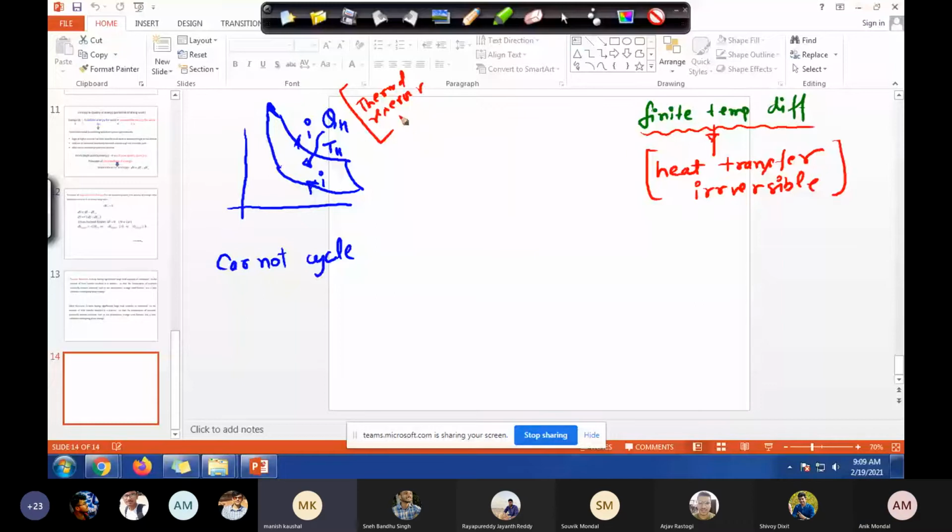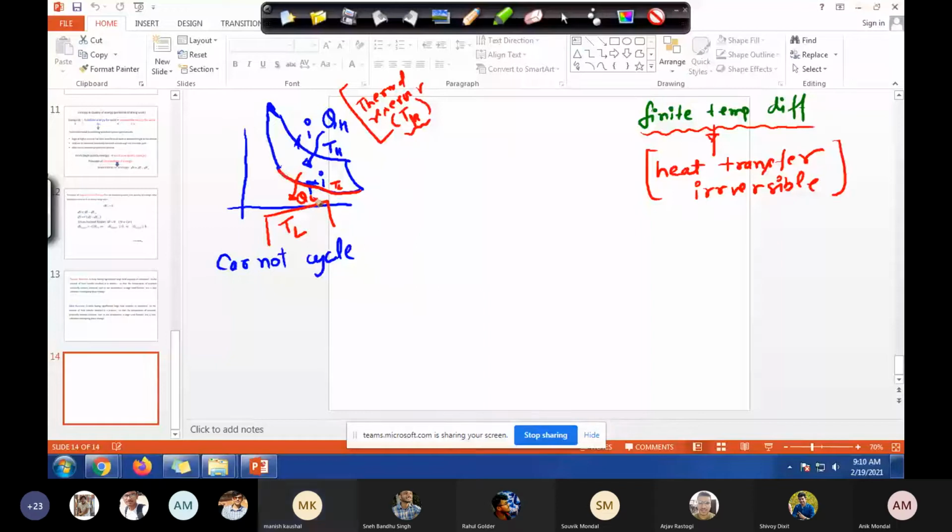Slightly greater. So in practical sense, it's TH. Okay. Perfect. And then there is a rejection of heat also, QL. Here you put another thermal reservoir whose temperature is TL. Your compression isotherm is also TL, slightly greater than TL, as Bhavna commented.